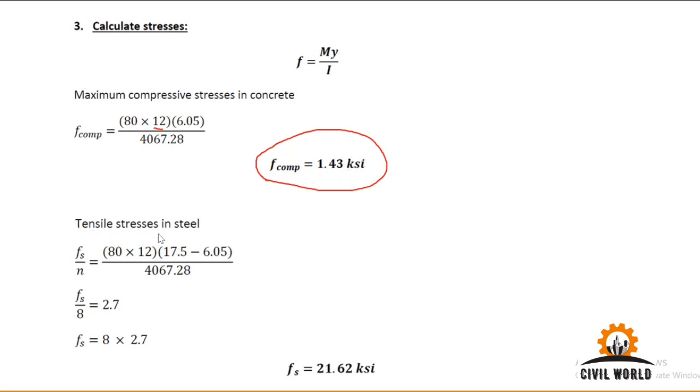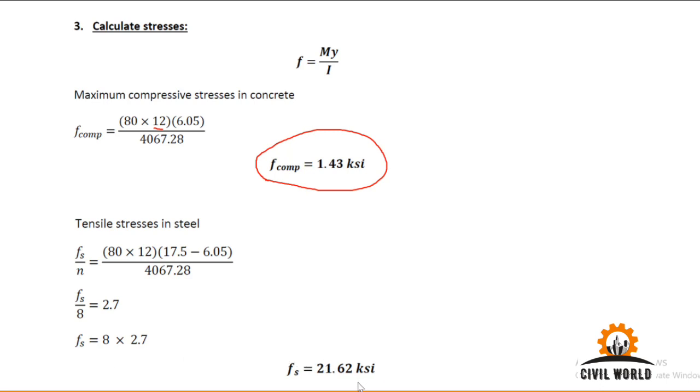Coming to the tensile stresses in steel, F s over n is given by M y over I. M is the moment applied, I is the moment of inertia, and y is the location of its centroid from the neutral axis, which we already discussed, which is d minus c. Your F s over n, where modular ratio n is 8, is equal to 2.7, and your stress in steel comes out to be 21.62 ksi.